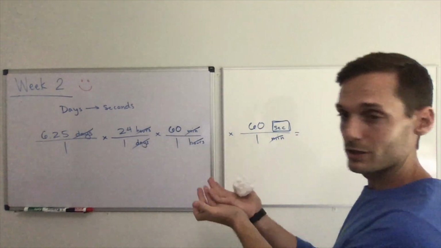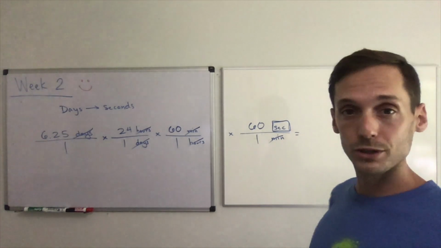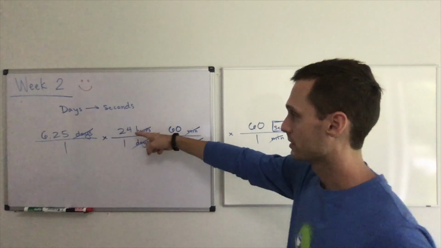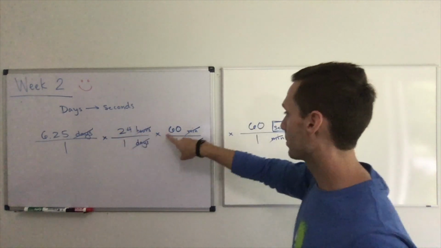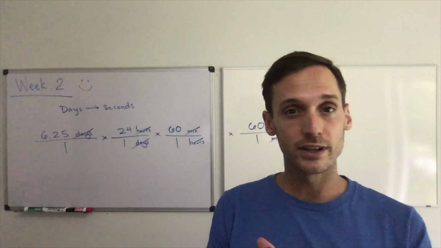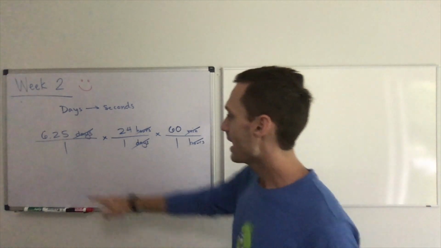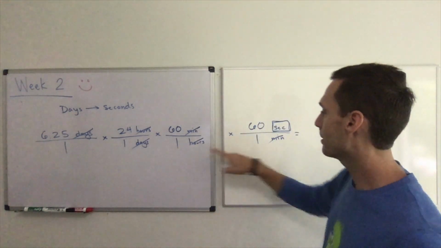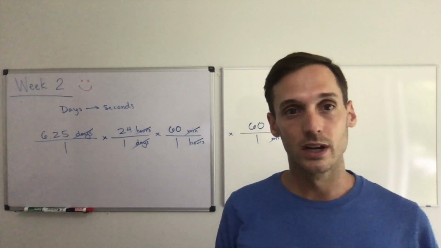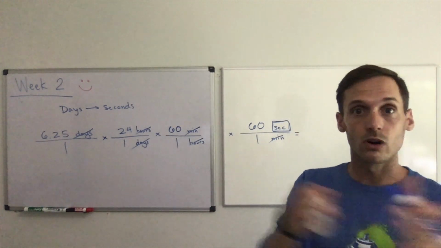And so in order to calculate this out, everything that's in the numerator, so 6.25, 24, 60, 60, you would put a multiplication sign in front of in your calculator. Anything that's in the denominator, you would just put a division sign in front of your number. Okay, so you could do this all in one swoop.